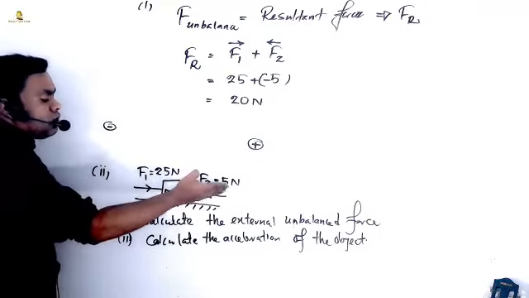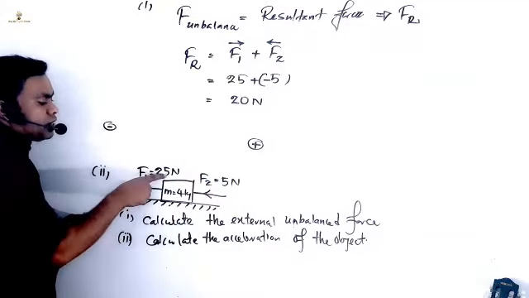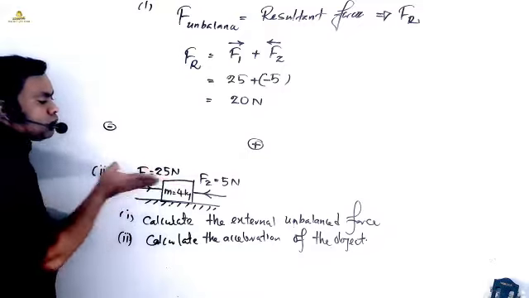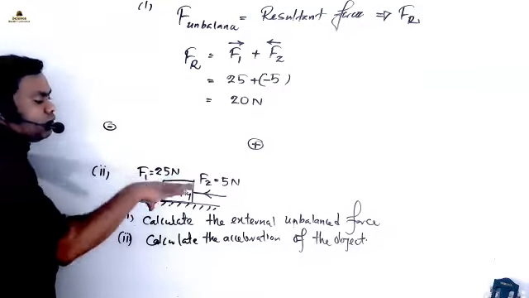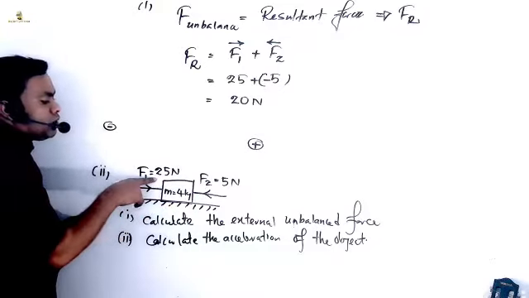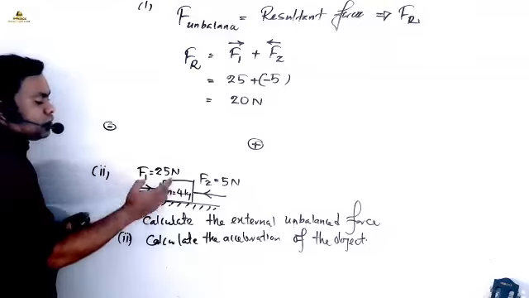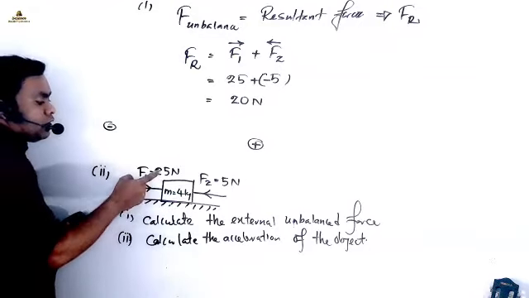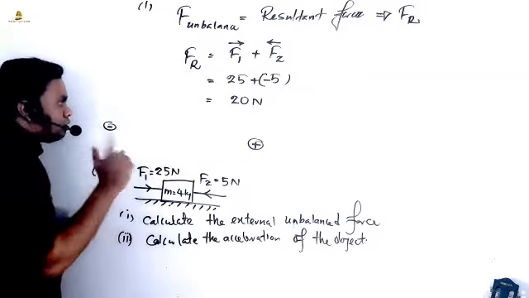Although this 5 newtons tries to stop this, it can be overcome by spending 5 newtons in this positive direction. So what remains after overcoming F2 is 20 newtons. Therefore, this 4 kilogram object is going to be accelerated by 20 newtons of resultant force, not by 25.